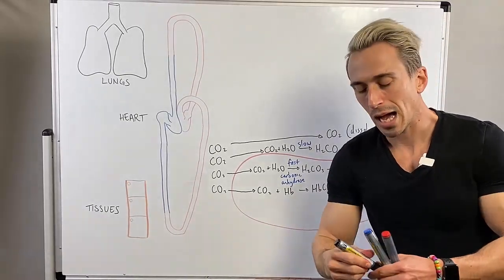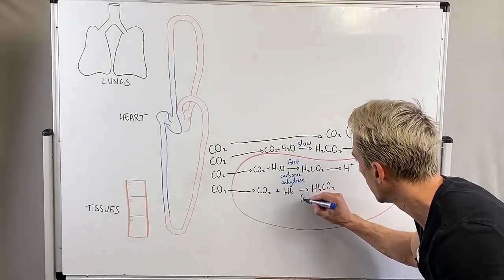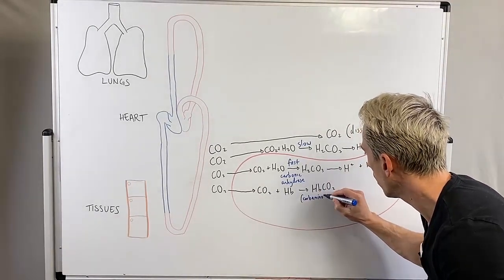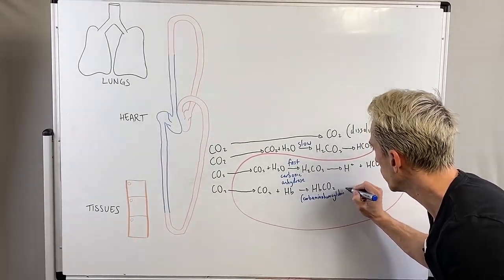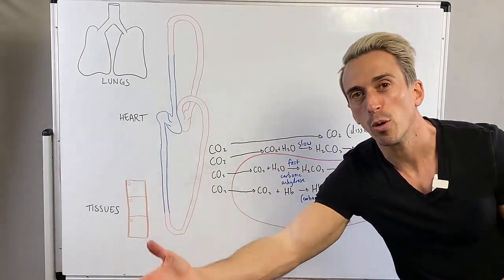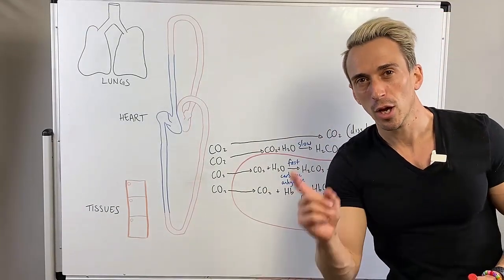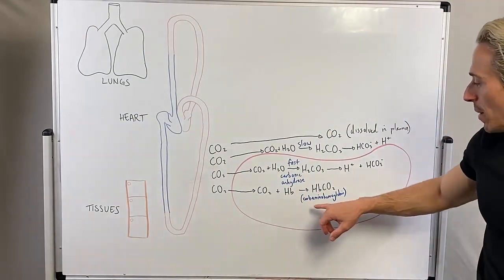Like I said, it's called carbaminohemoglobin. The reason it's called that is because the carbon dioxide doesn't bind to the heme portion like oxygen does, as we'll see in a sec. It binds to the amino acid portion, the globin portion. That's why it's called carb for carbon dioxide, aminohemoglobin.